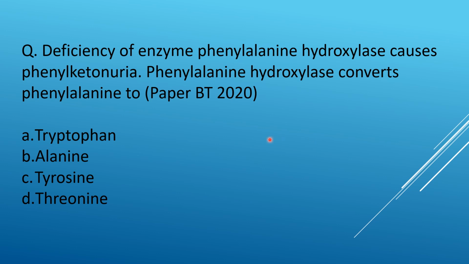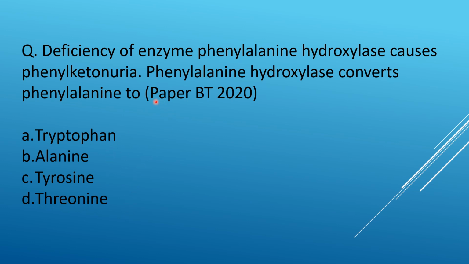Here I am giving you the next question for my next video. The question is: deficiency of the enzyme phenylalanine hydroxylase causes phenylketonuria. Phenylalanine hydroxylase converts phenylalanine to tryptophan, alanine, tyrosine or threonine. These four are the options.